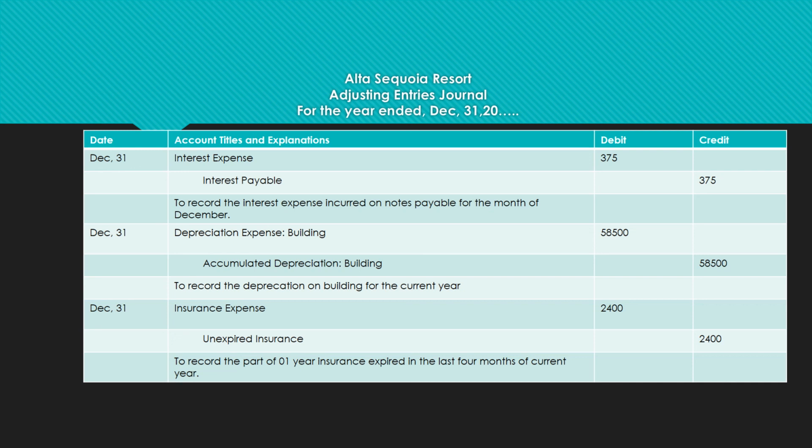Explanation will be to record the part of 1 year insurance expired in the last 4 months of current year. So that's all about transaction H. So we have completed all these transactions and recorded into adjusting entries journal at the end of the accounting period. So that's all about this problem 4A. Thank you.